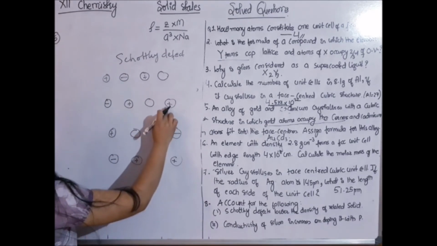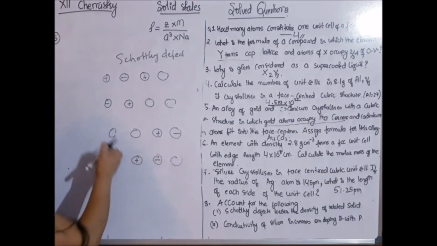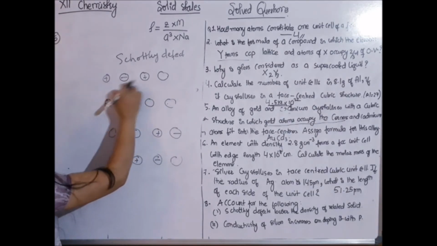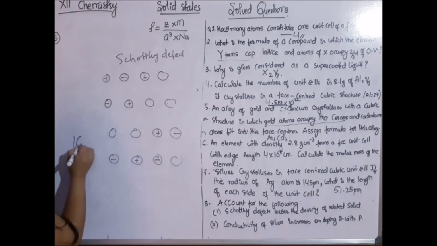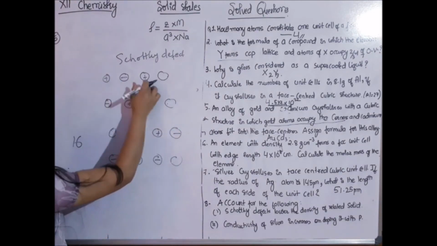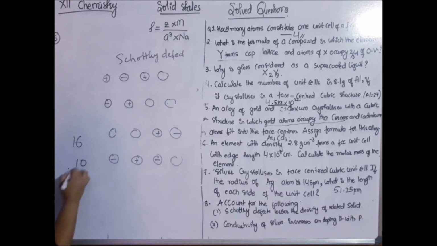How many went? Three. So 1, 2, 3. Earlier how many atoms were there? 16 ions. Now how many are there? 1 2 3 4 5 6 7 8 9 10. So it is 10.